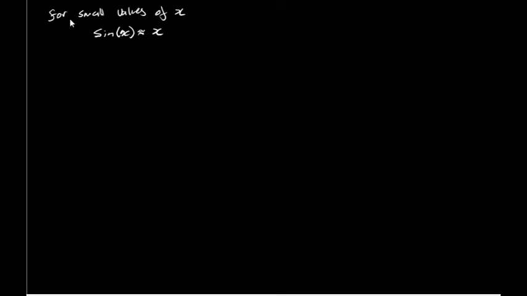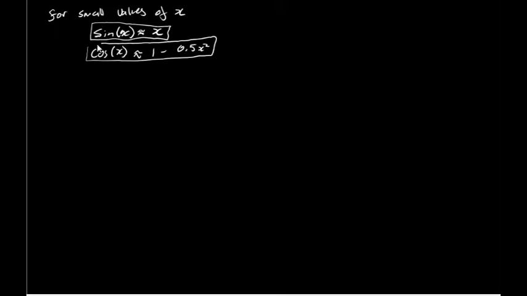So it only works for small values of x, and similarly for cos, it's 1 take 0.5 x squared. I'm not going to go through where we come up with those in this video. So just note that we've got two definitions. Sine of x is roughly equal to x, and for cos, it's roughly equal to 1 take half x squared. And that's only for small values of x.